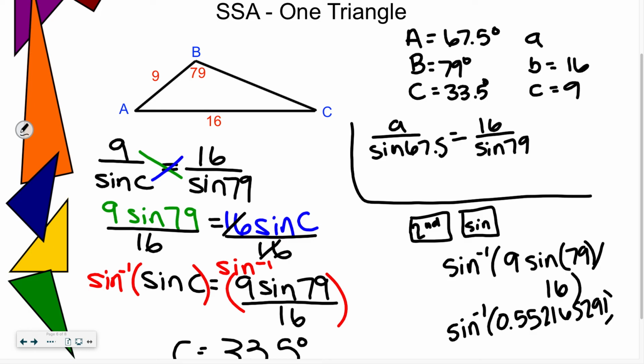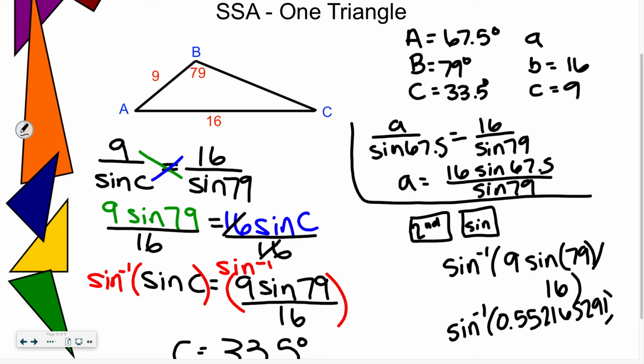And this is going to be A equals 16 sine 67.5 divided by sine 79. I'll cross multiply, so it'll be 16 times sine 67.5. And when I cross multiply over here, I'll be multiplying A by sine of 79, so I'll need to divide by that.